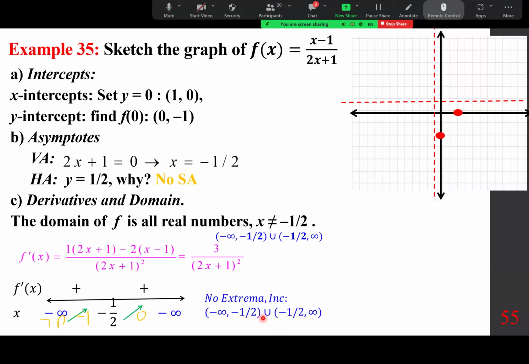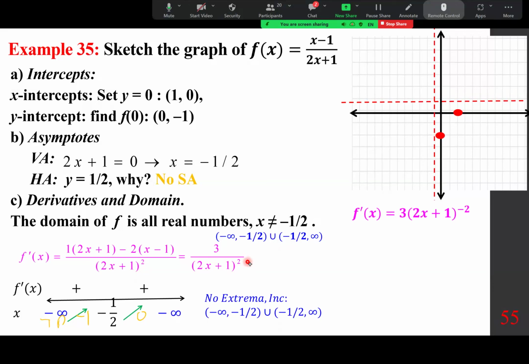Okay. And if we want to differentiate it again, because of the inflection point and concavity, we are going to rewrite this as 3 times 2x plus 1 to the power of -2 for the sake of differentiation again.